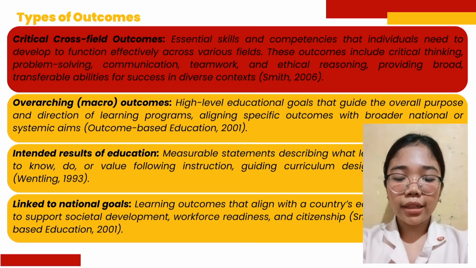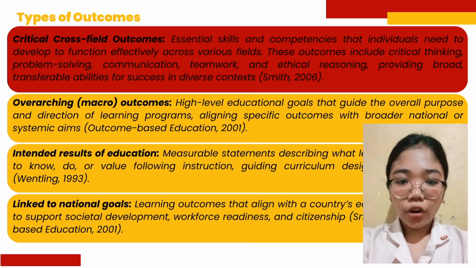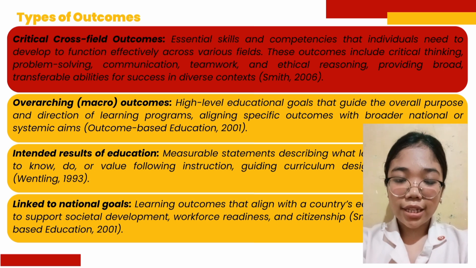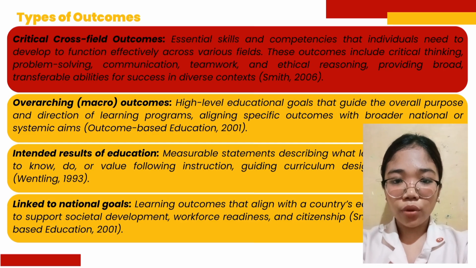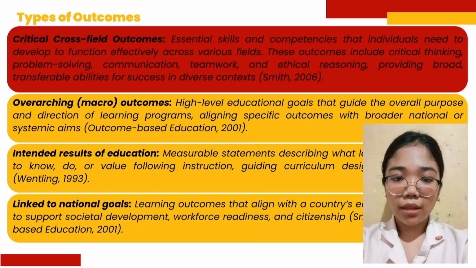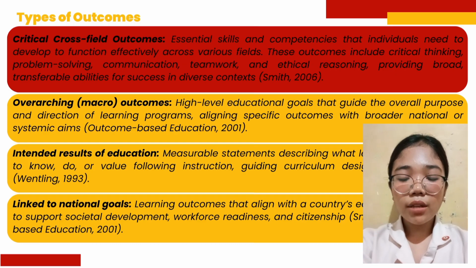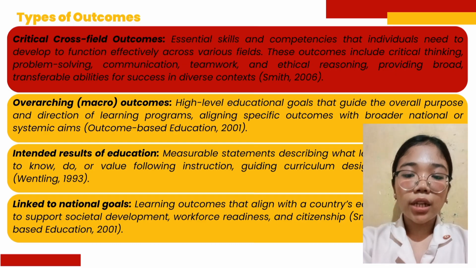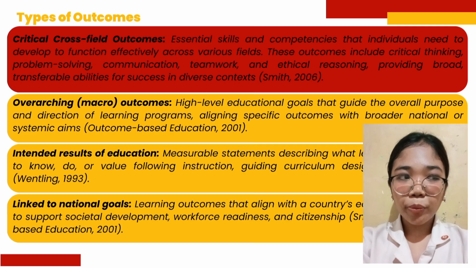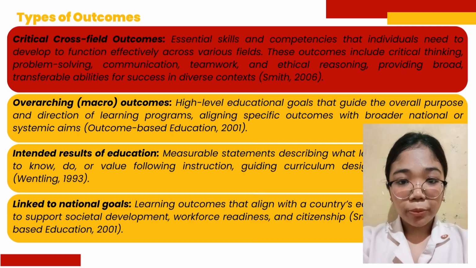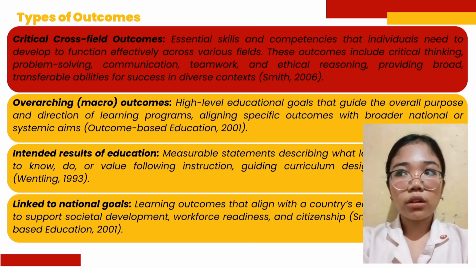The next one is intended result of education. According to Wentley 1993, it is a measurable statement describing what learners are expected to know, do, or value following instruction, guiding curriculum design and assessment. So, to make this clear, these are simple and clear statements that explain what students should be able to do or value after finishing a lesson or the course.